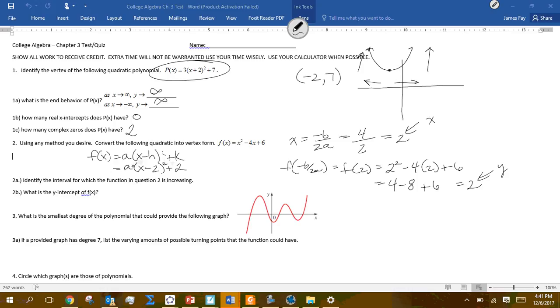And this a now comes into play because we want to make sure that we get the same coefficient that we had out here for this a. That was 1, so I'm not sure why it won't erase, but there we go. f of x has to equal 1 times (x minus 2) squared plus 2.